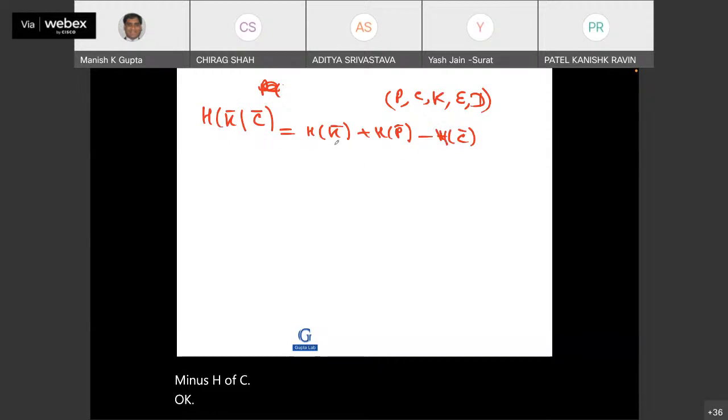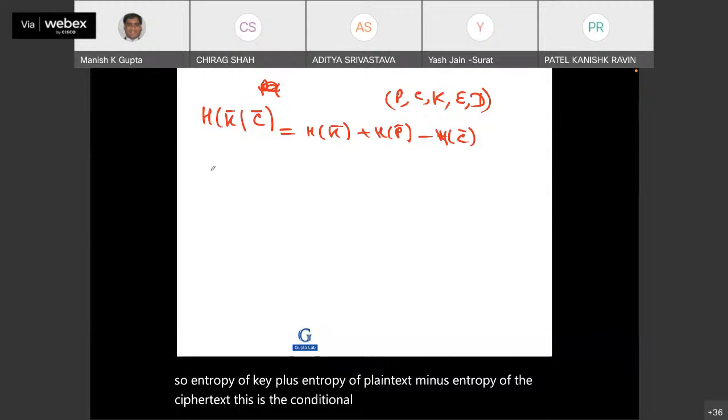So entropy of key plus entropy of plain text minus entropy of the cipher text. This is the conditional entropy. So here is a small nice proof.